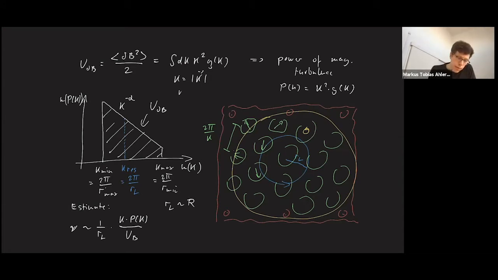For example, in the case of Kolmogorov turbulence that I mentioned earlier, alpha would be equal to 11/3. And so if I now look at this expression here, k times P(k), this is going to scale as k to the power minus alpha plus 1. In terms of Kolmogorov turbulence, this will go like k to the power minus 5/3.